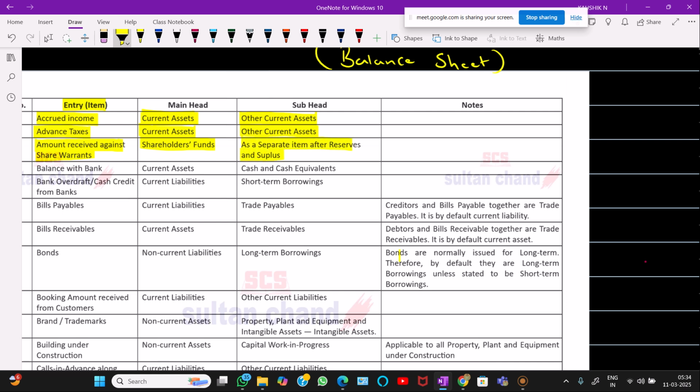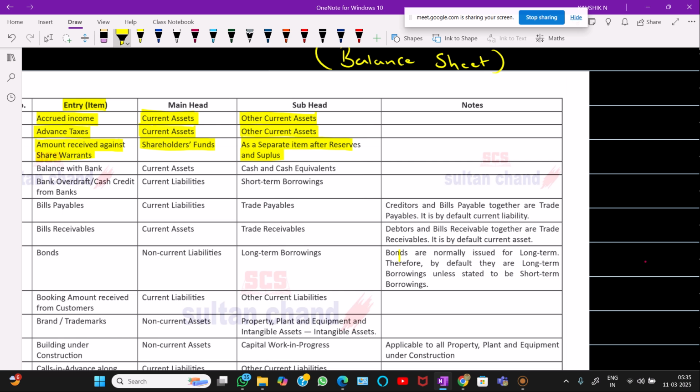It will be shown as a separate item after reserves and surplus. So it does not have any subheading because it is a part of your major head, that is shareholder funds. So it appears below the reserves and surplus, but it should not be shown as a separate subheading.